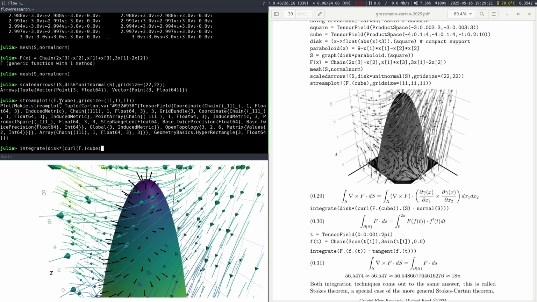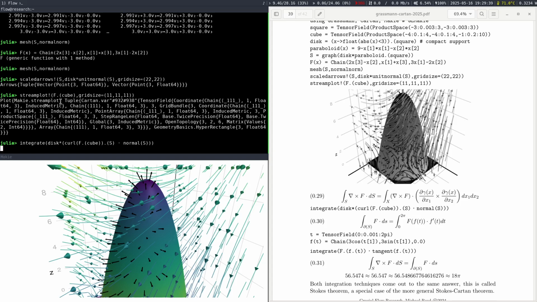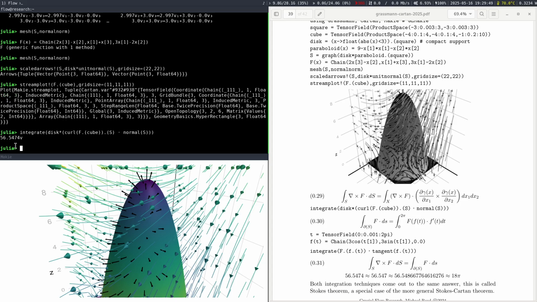So we can apply the curl to f on the cube, and then evaluate that on S. And then integrate that. And we get 56.5474.